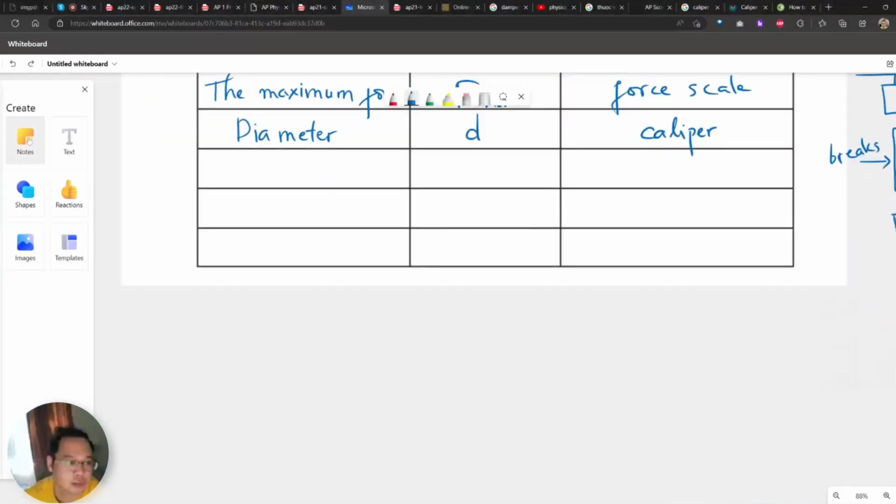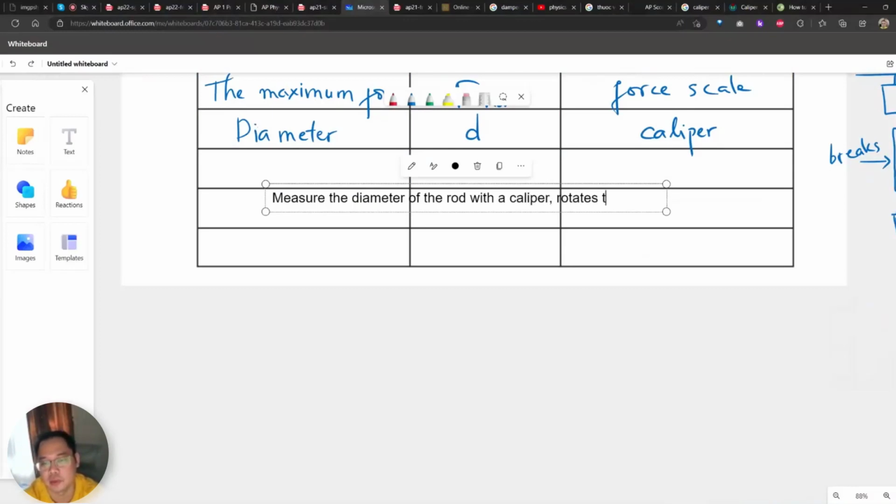Okay, the procedure. Measure the diameter of the rod with a caliper. Rotate the rod at different positions or angles and repeat the measurement and take the average value of the diameter.